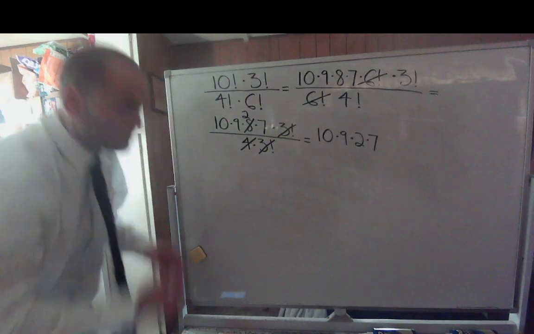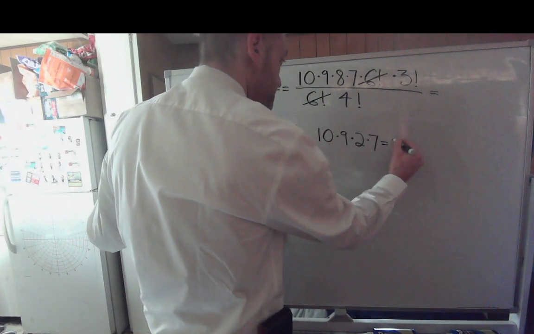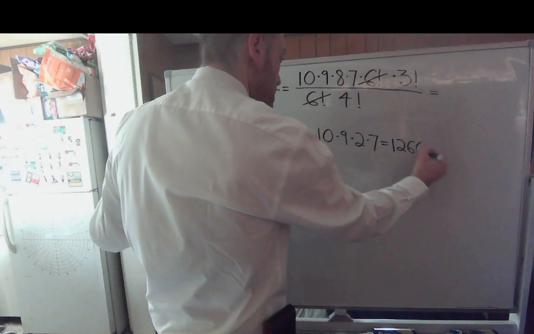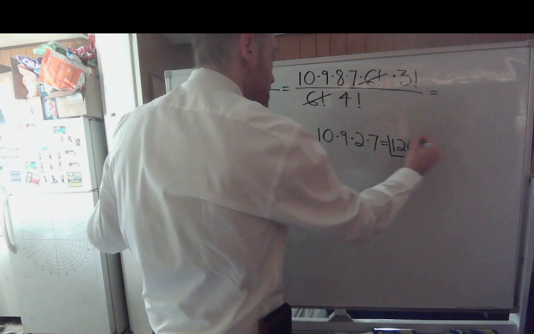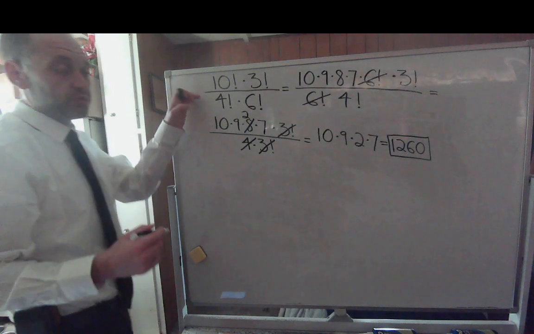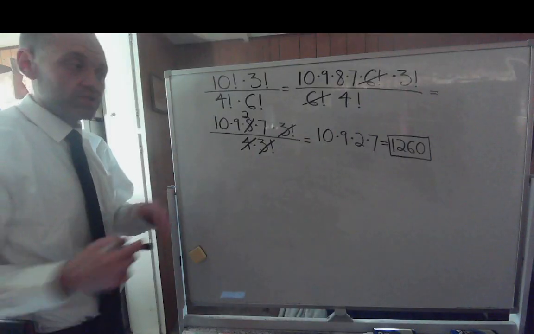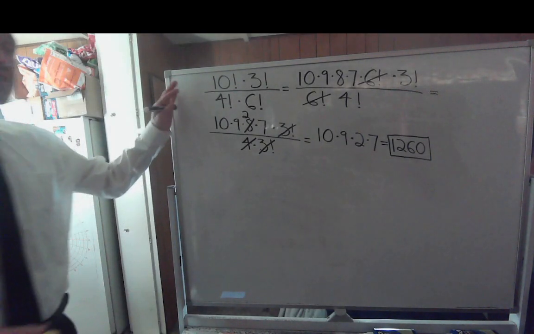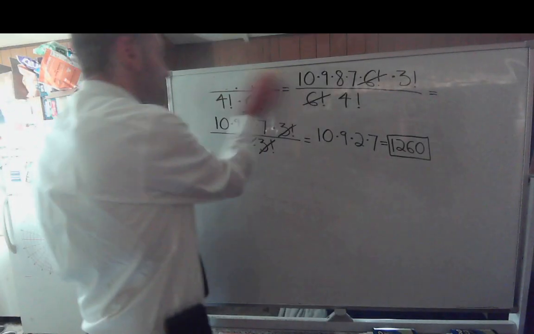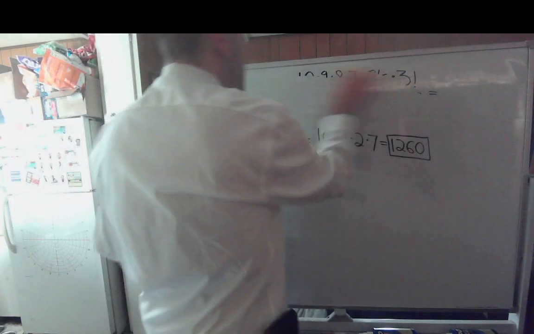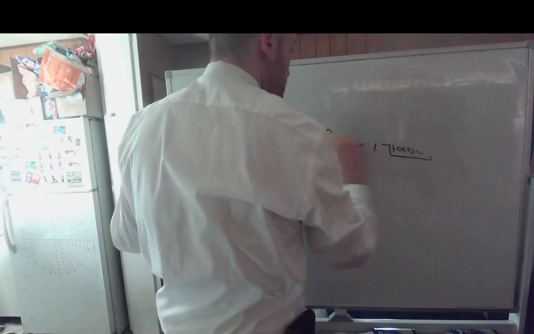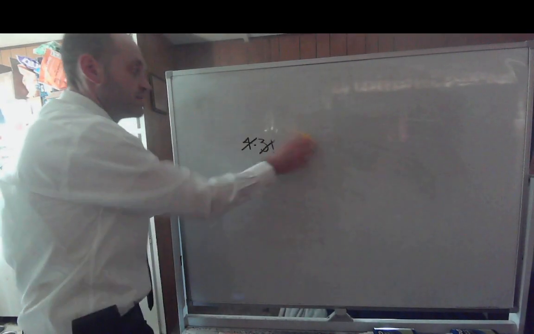We get 1,260. So this expression simplifies into 1,260 once we cancel out factorials. So that's how you do that with numbers. And there is a point to why I'm doing factorials, because we're going to have some sequences and later on even series that involve them.